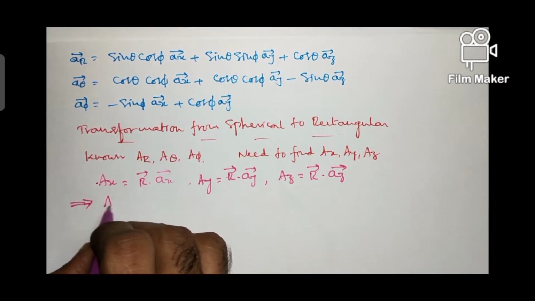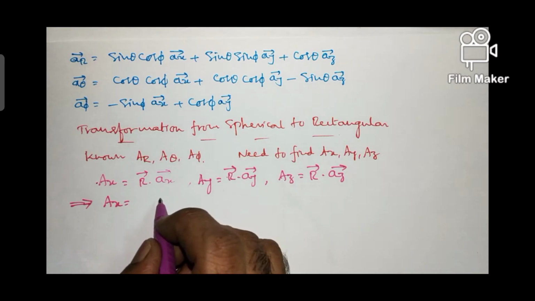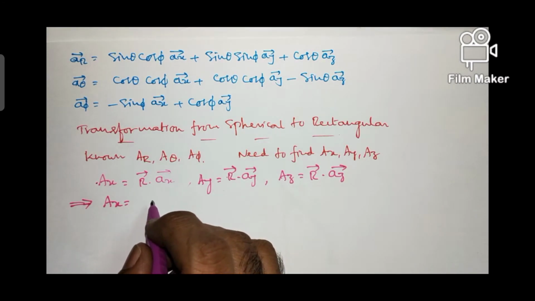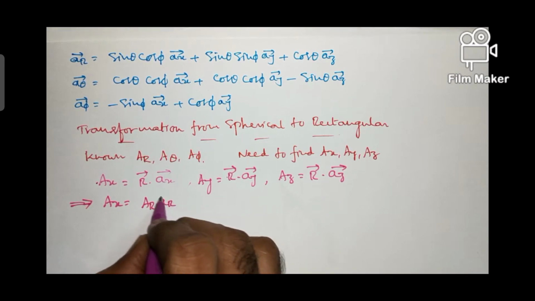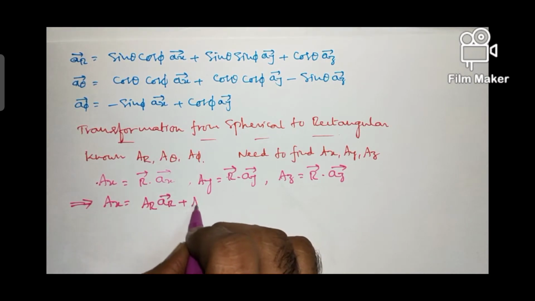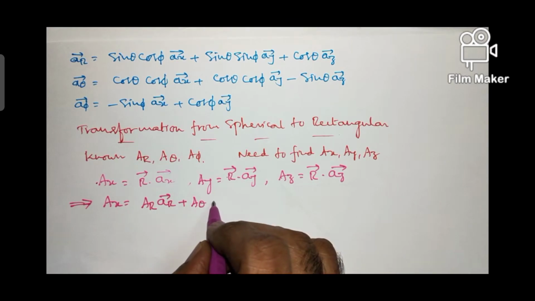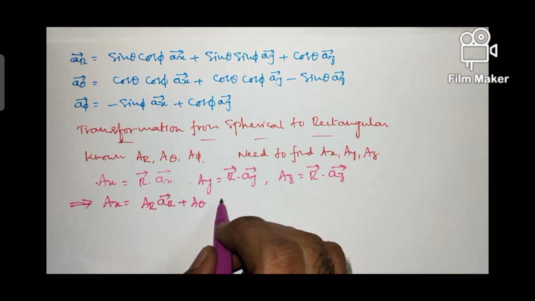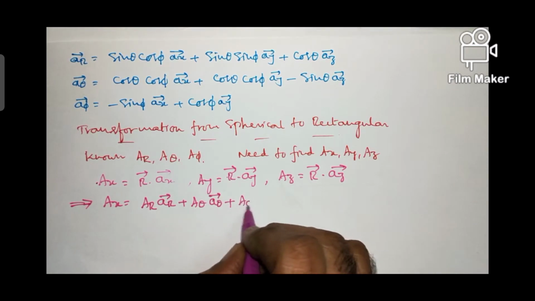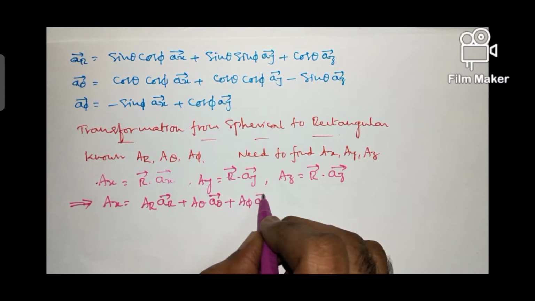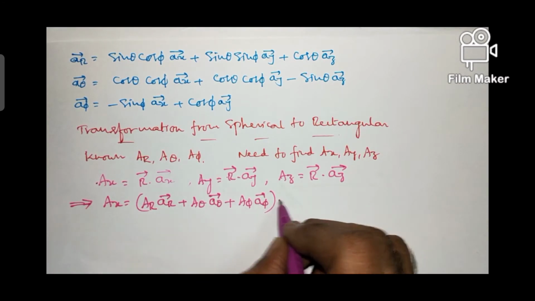Now let us find a_x, which is equal to a_r into a_r bar plus a_theta into a_theta bar plus a_phi into a_phi bar, dot a_x.